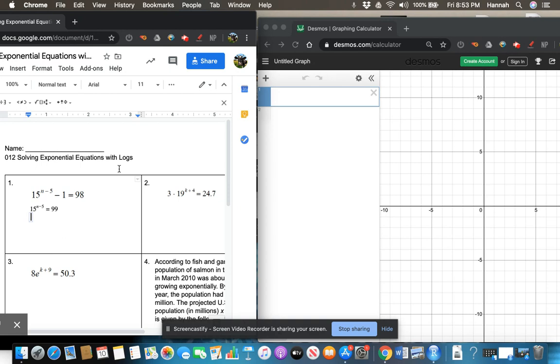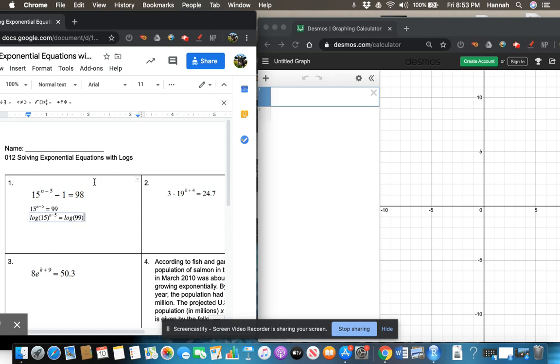Well, there's a trick here. And that trick is this. I'm going to take the log of both sides, because as long as I do the same thing to both sides of an equation, it balances. I took the log of both sides. Here's why that helps me.